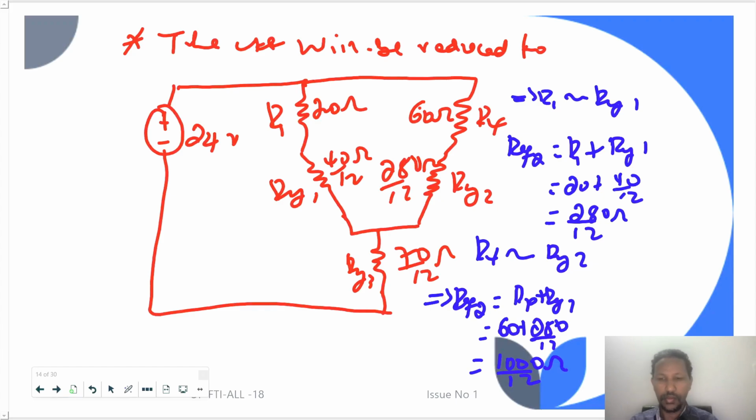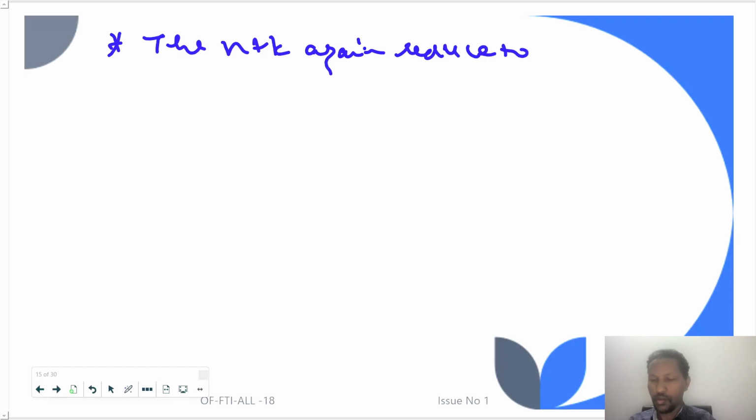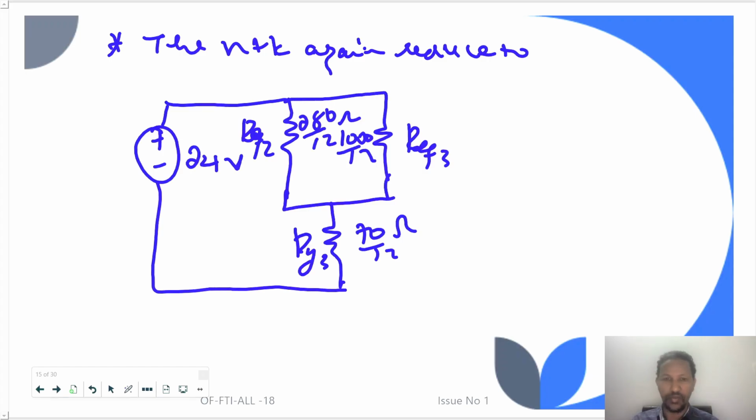Using this value, we can reduce the network again, as shown below. We have this network configuration.